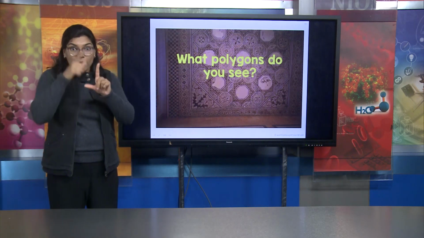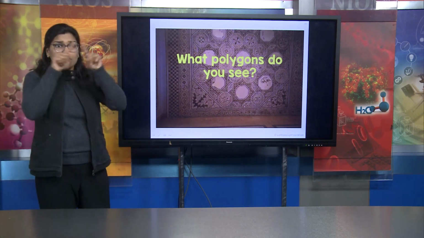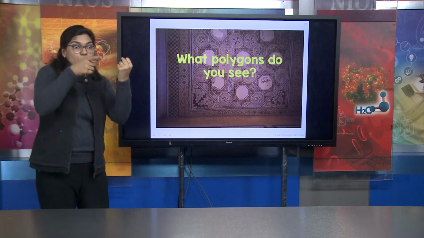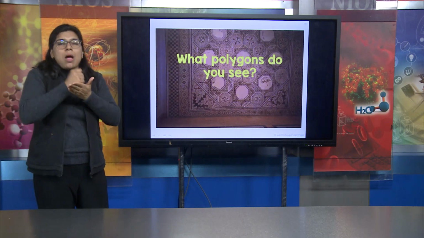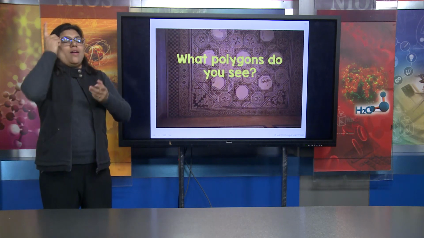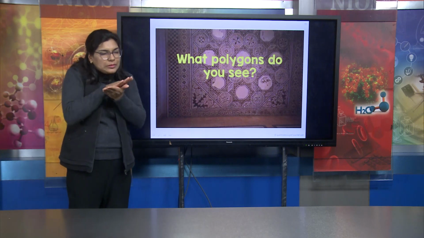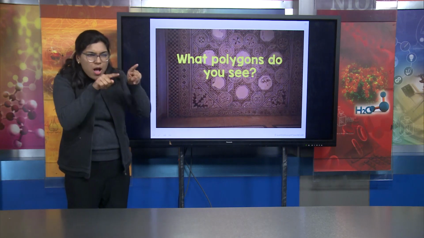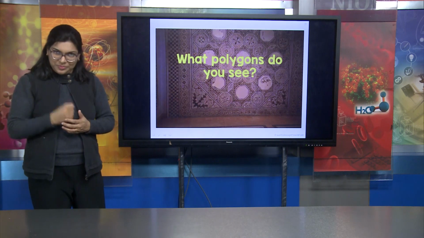This line is saying, what polygons do you see? You yourself have to find and tell the name. You have to think yourself and try. You need to practice to express yourself so that you can do good in mathematics. This is all the basic knowledge which we need to know.